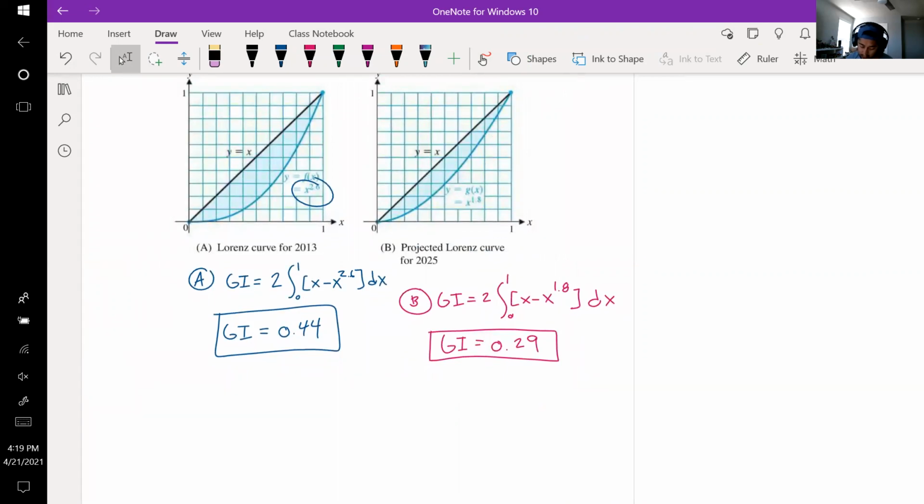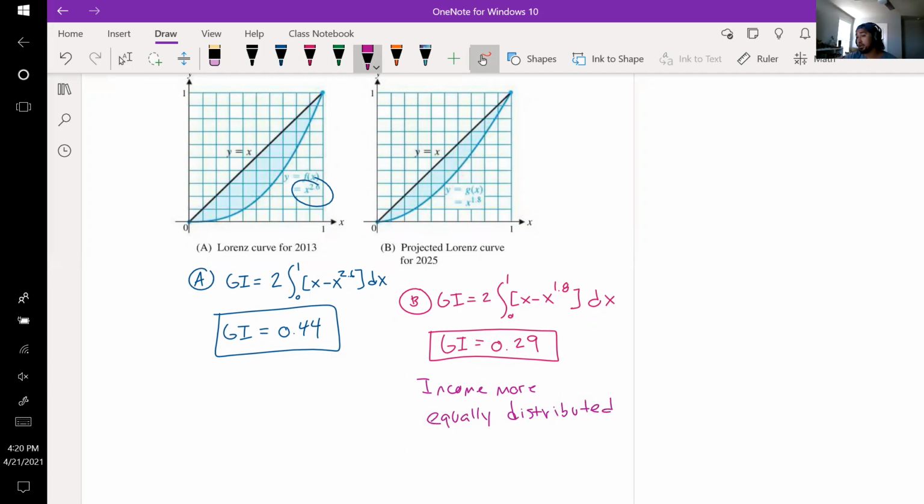So income will be more evenly distributed in 2025, right? Right around the corner. If we make it. There you go. Okay, cool. There it is.